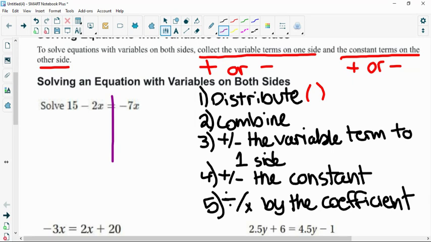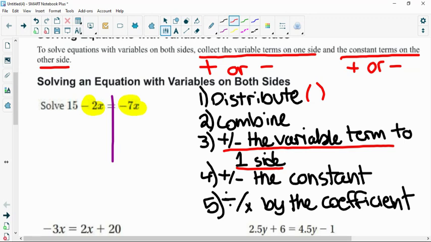We do have x appearing on both sides of the equal sign. So we need to use step 3, where we are going to use either addition or subtraction to move the variable to one side. Our goal is that there's a variable on one side of the equal sign and some constant on the other.